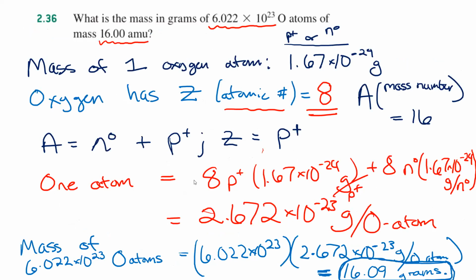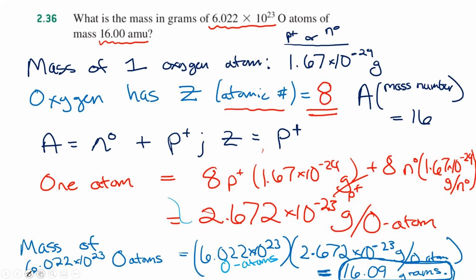I went, okay, 1 atom has 8 protons, 8 neutrons. Let's multiply each mass together and sum them to get the mass of a single atom. Then take the number of atoms, 6.022 times 10 to the 23rd, which has units of oxygen atoms, and multiply it by 2.672 times 10 to the minus 23rd grams per oxygen atom.